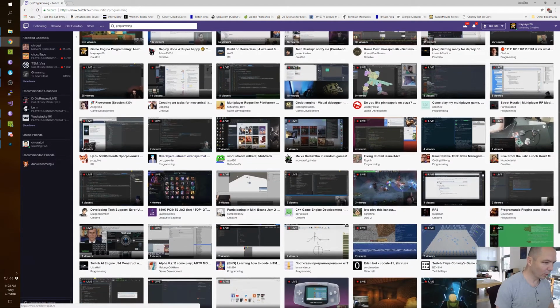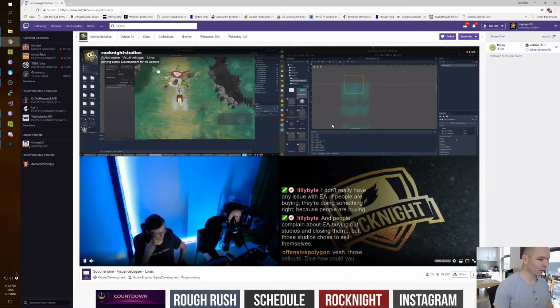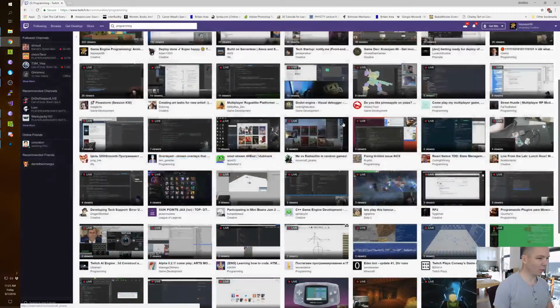Multiplayer roguelike, Godot engine, visual debugger. We hosted this one before. Was that good? What do you think? Oh, it's Disco guys. Oh yeah, we know Disco guys. Multiplayer game. It's in JavaScript. That's an instant no. React Native TDD.